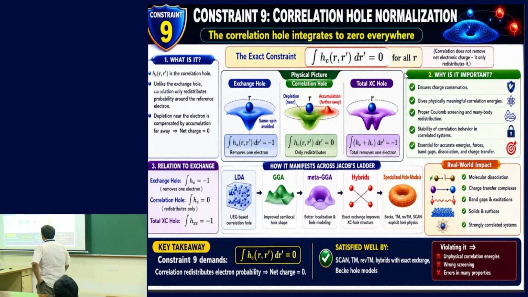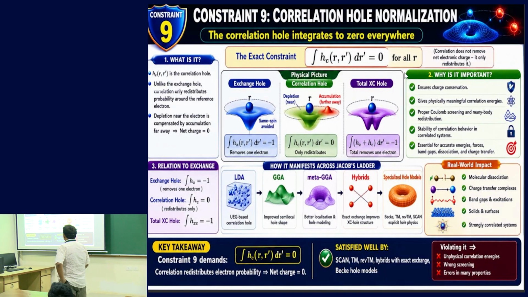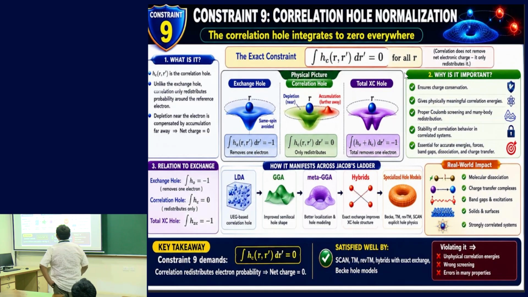Now, if you look at this one, there is this uniform electron gas limit. If you look at how it manifests across this Jacob's ladder, this exchange correlation hole physics. This is the density profile kind of, this is the exchange correlation hole, it will be something like this. And why is it important?